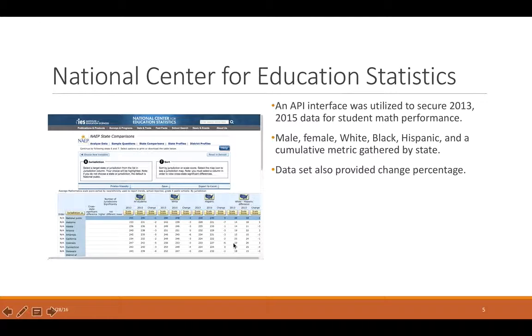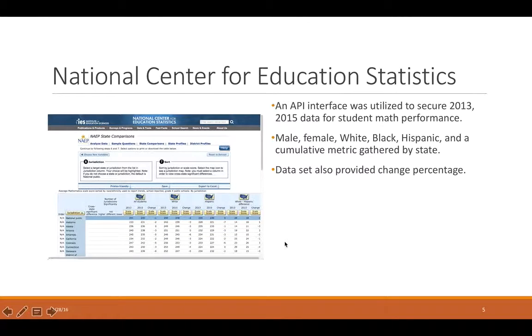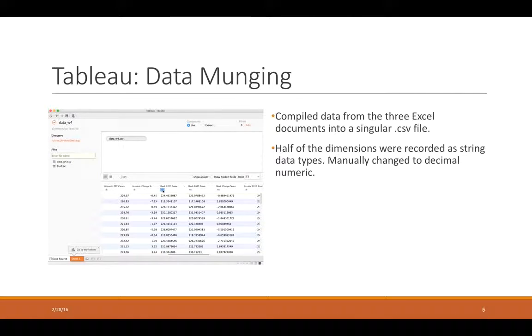I pulled three different files: one for male-female information, another for white versus Hispanic, and also Hispanic versus black demographics. From there, I compiled the information into one CSV file that broke down by male, female, white, black, and Hispanic information, and also had a cumulative metric for all inclusive.